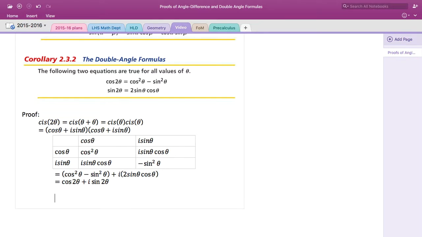So cosine 2 theta should be equal to this guy, which is cosine squared theta minus sine squared theta, and sine 2 theta should be equal to this guy. And that's the end of the proof.